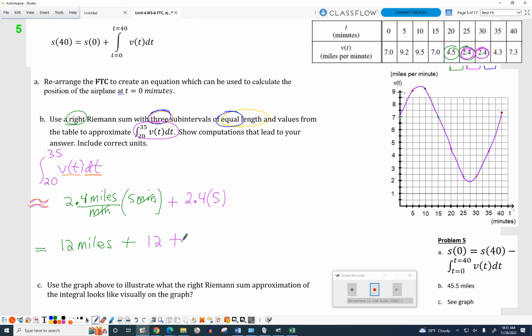Questions about anything? So Mary, then what? Then you're gonna add 4.3 miles per minute times 5. 2 points. 4.3 times 5, half of that's 21.5.